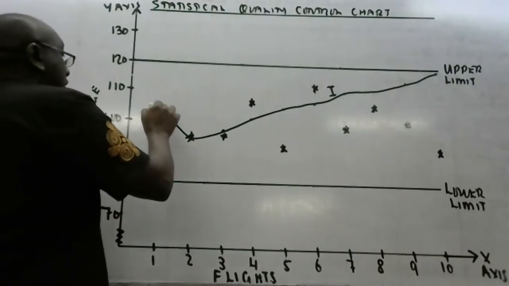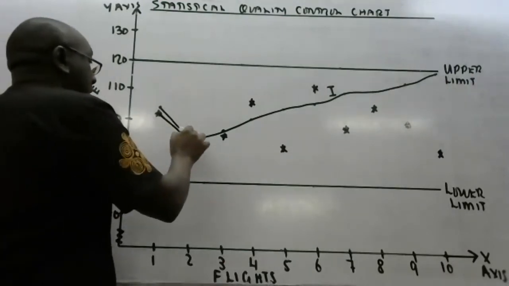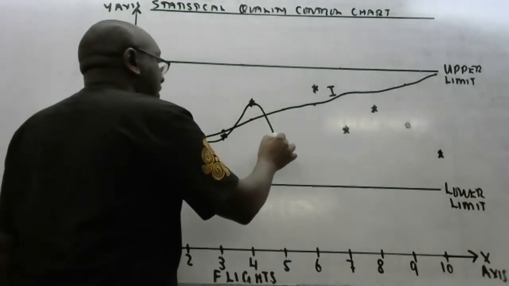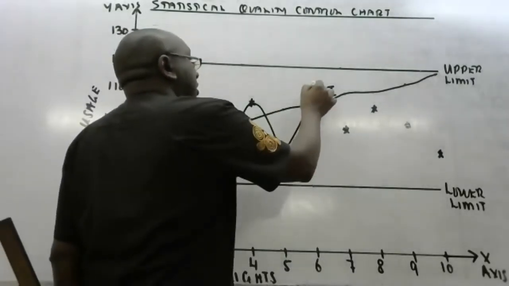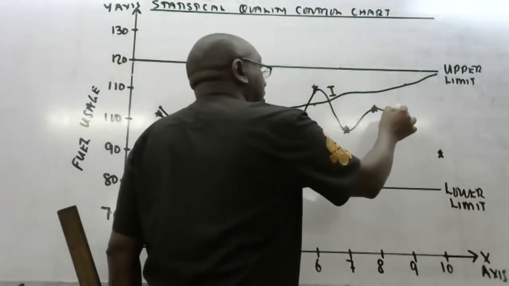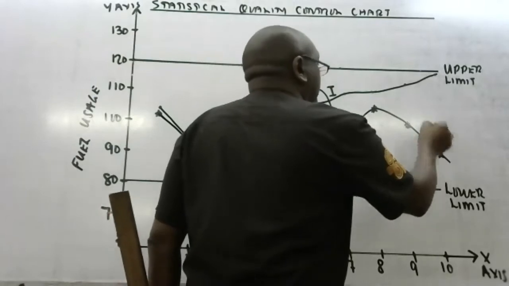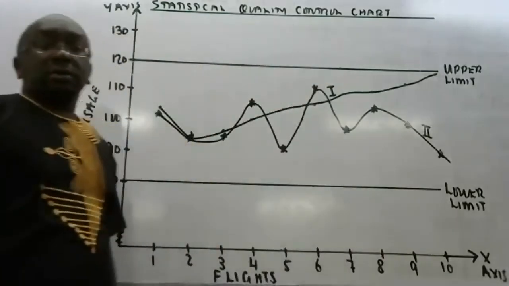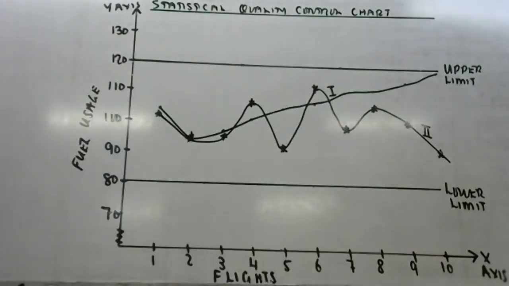So you join those points again using a very free hand. And you tell us this is skyline 2.